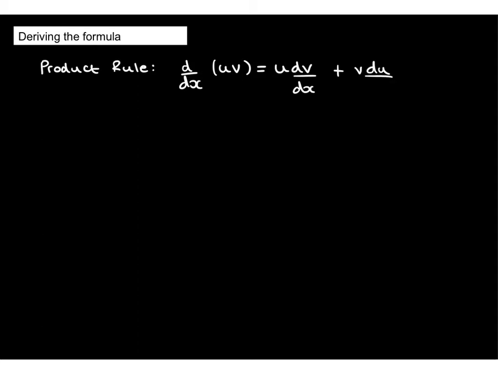And in particular, we start off by thinking about the product rule, which tells us that the derivative of a product, uv, where u and v are functions of x, is equal to u multiplied by dv by dx plus v multiplied by du by dx. Now, here's what we're going to do next. We're going to integrate both sides of this with respect to x.